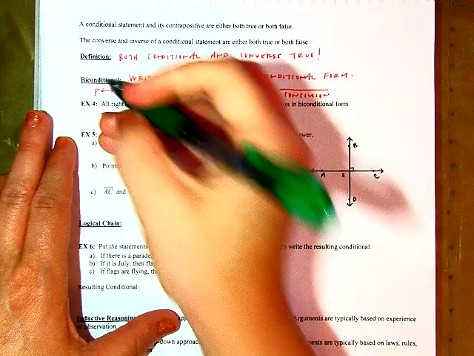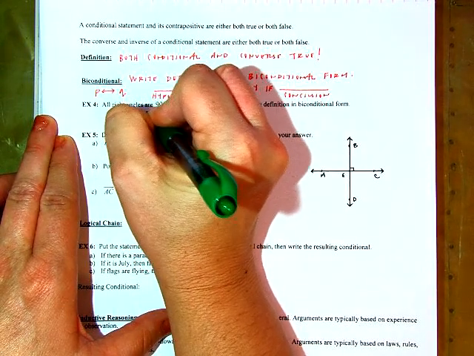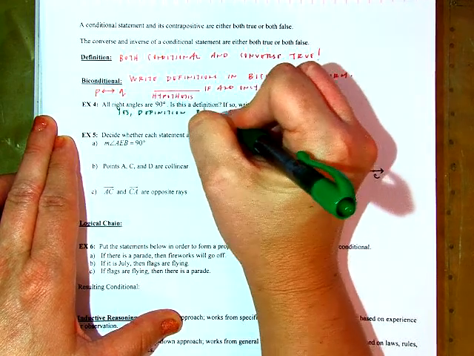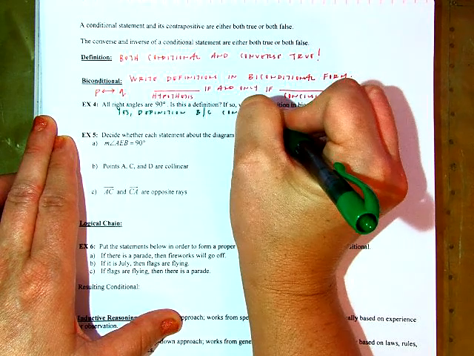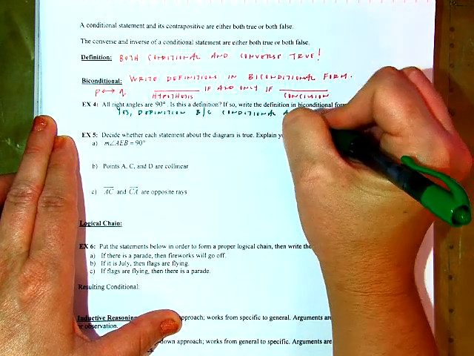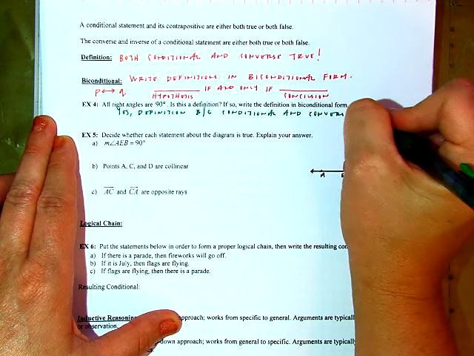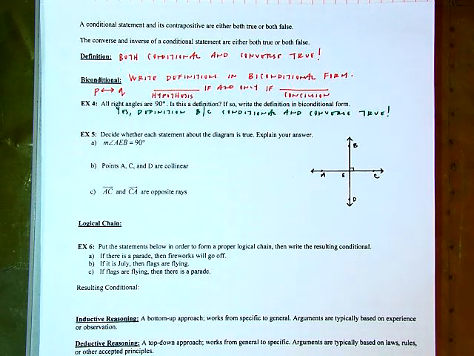So we're going to say yes, it is a definition because the conditional and converse are true. Okay, and then if I want to write that definition in biconditional form, we would say the hypothesis, something about the right angle.